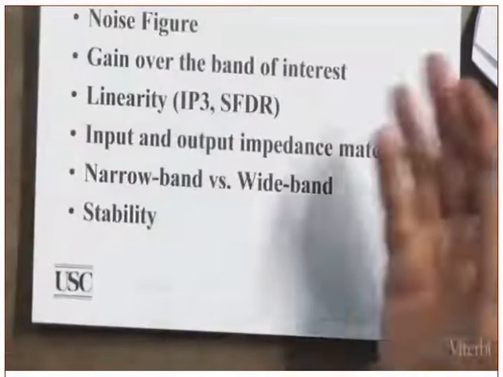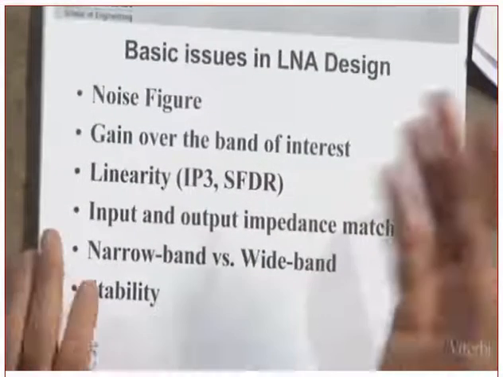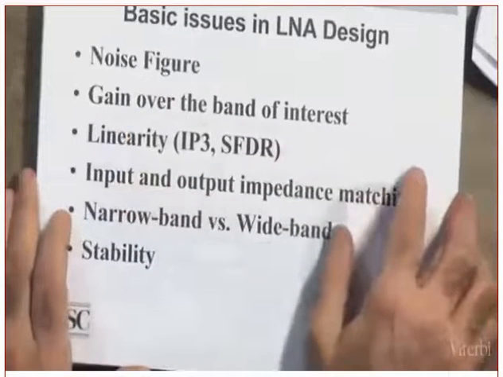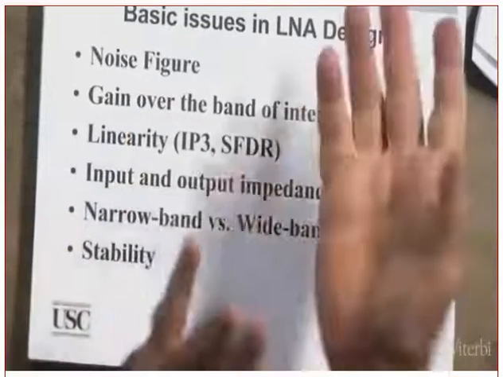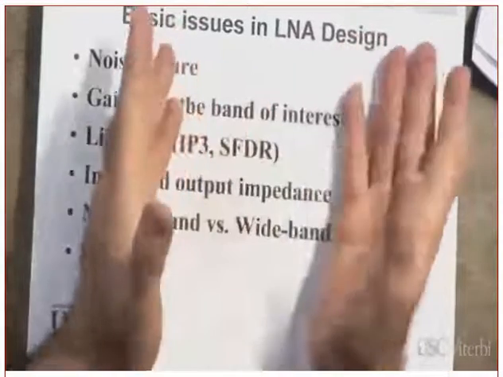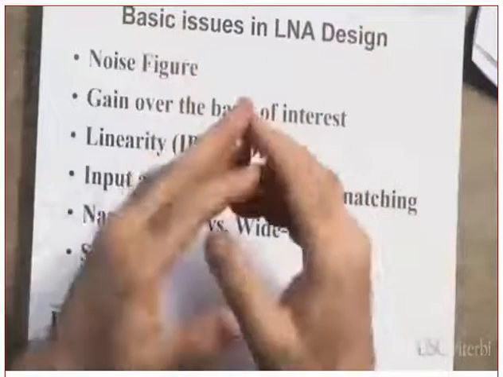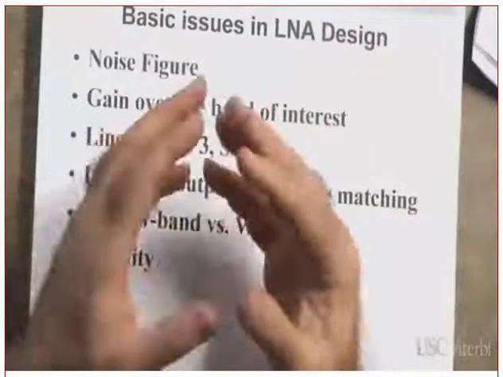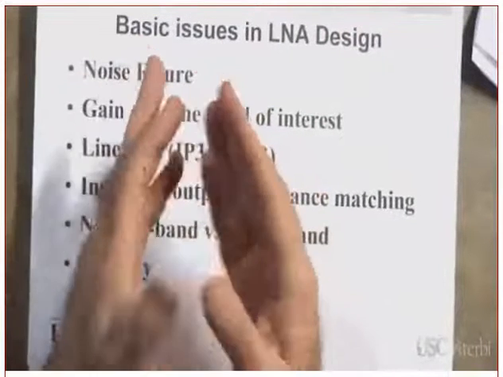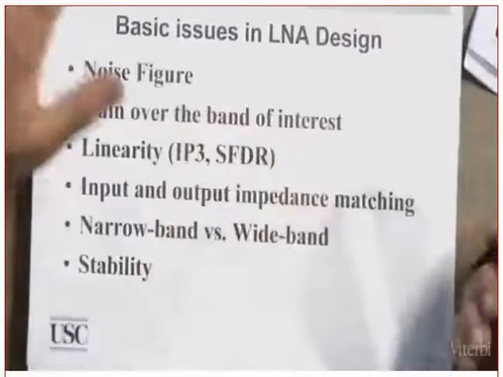Okay. So the low noise amplifier. Let's first of all understand the basic issues. What are the basic issues? Let's start first of all with the noise figure. What do I want the noise figure to be? Relatively low. Why? When we discussed the noise figure, we saw that the noise figure of the first component of our receiver chain is the one that matters. Do you remember the equation?